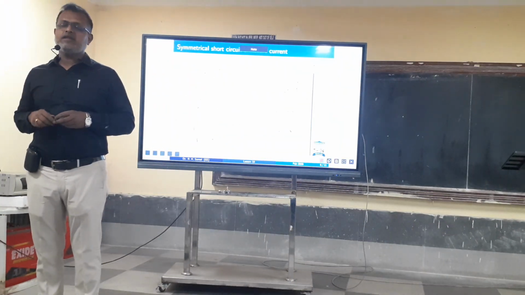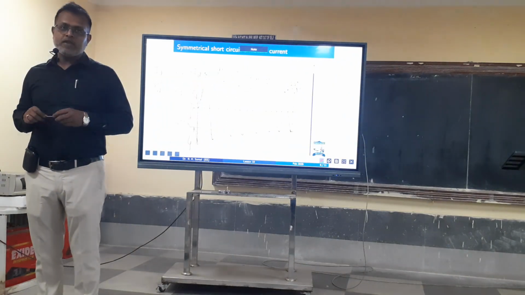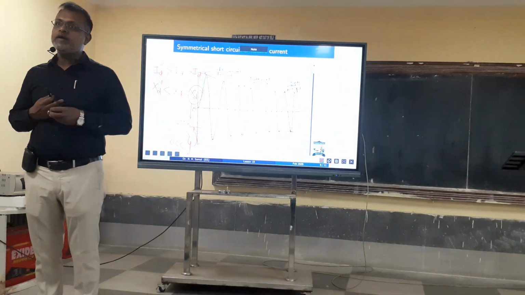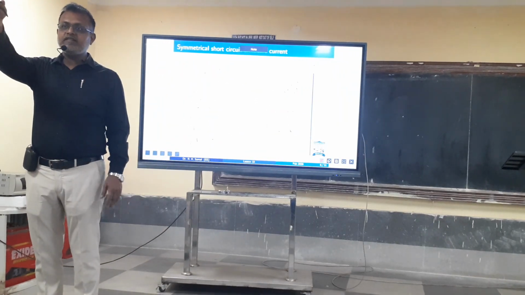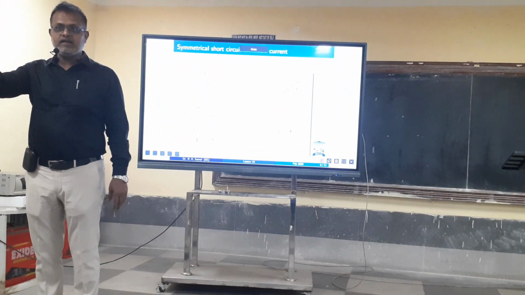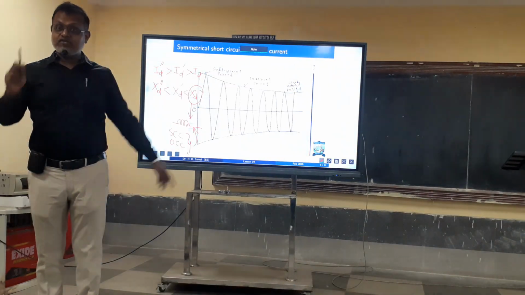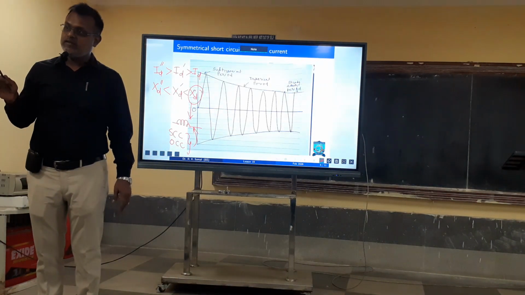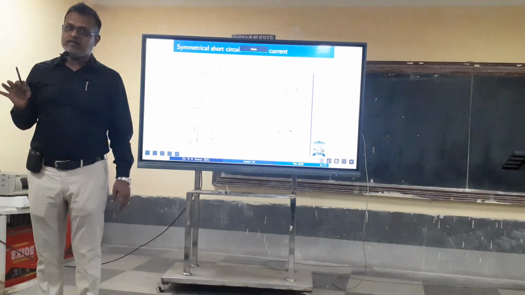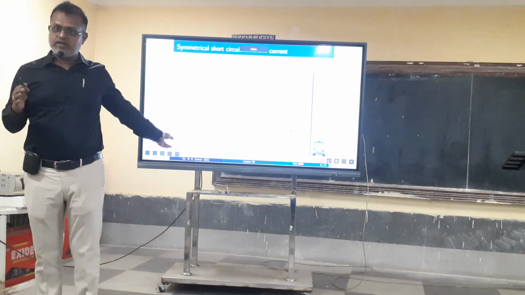X_D is because of the direct axis; there is another component X_Q for salient pole machines. So X_D or X_S you get from SCC or OCC. Suppose for a machine you have done the sudden short circuit and you have got some X_D value from this curve; that should exactly match what you obtain using SCC and OCC, because that is the steady state reactance value, or the actual reactance of the machine.